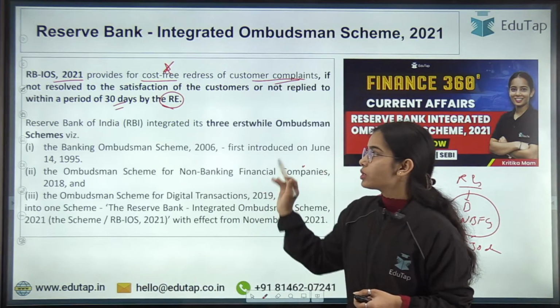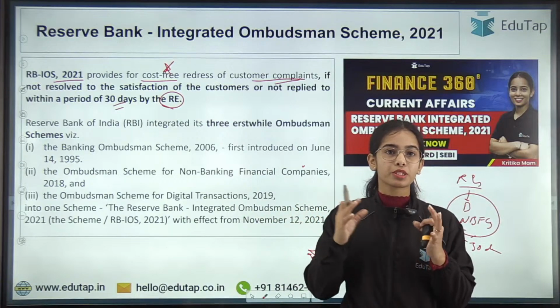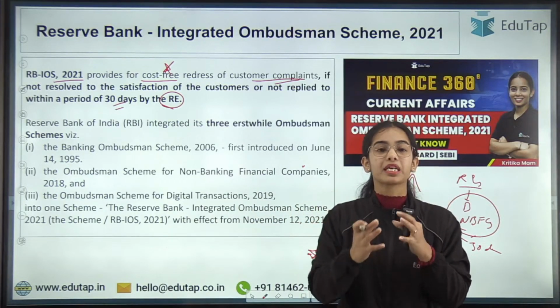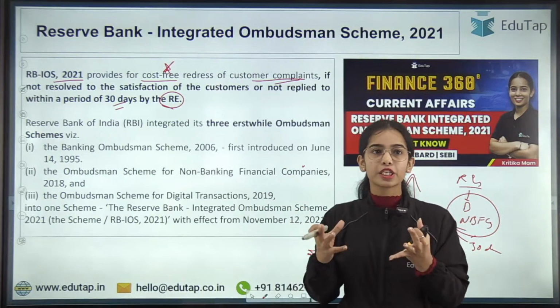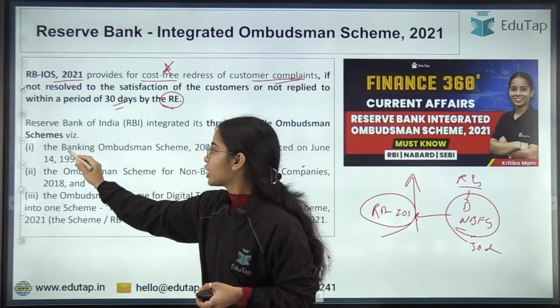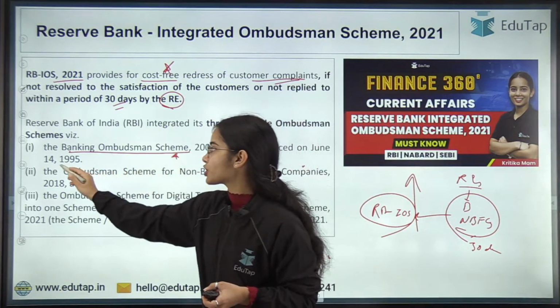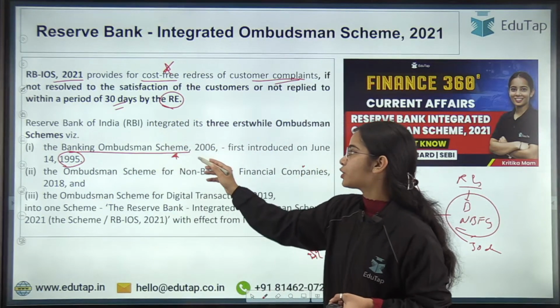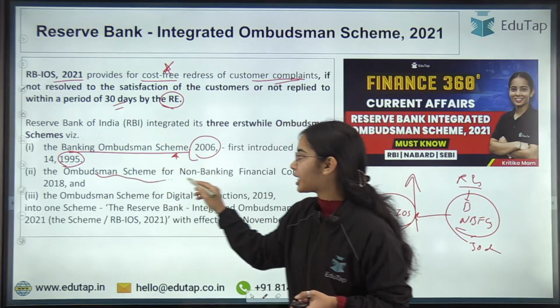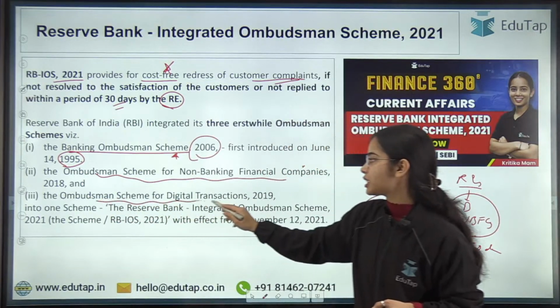Okay? Now, the Reserve Bank of India Integrated Ombudsman Scheme, why is it integrated? Because it consists of the different ombudsman schemes. The Banking Ombudsman Scheme was launched in 1995 and updated in 2006, then there was the Ombudsman Scheme for NBFCs and the Ombudsman Scheme for Digital Transactions.